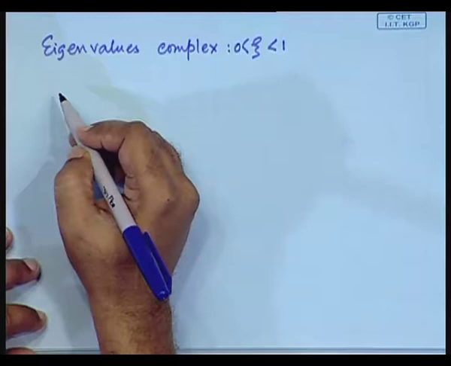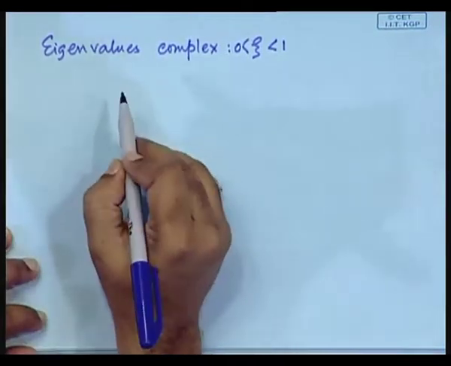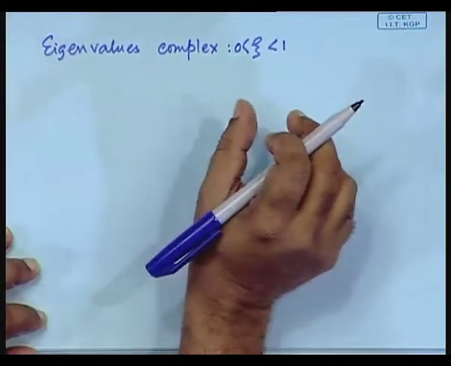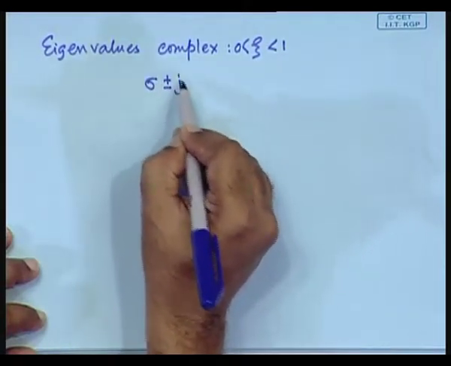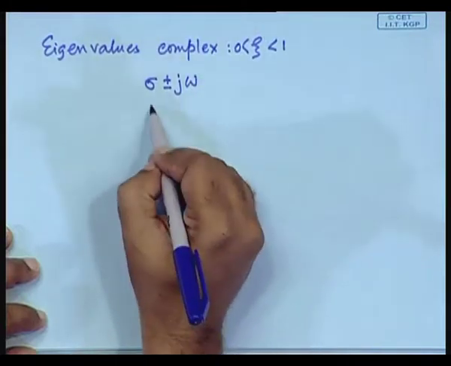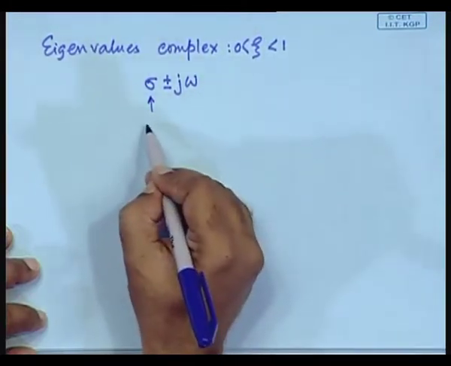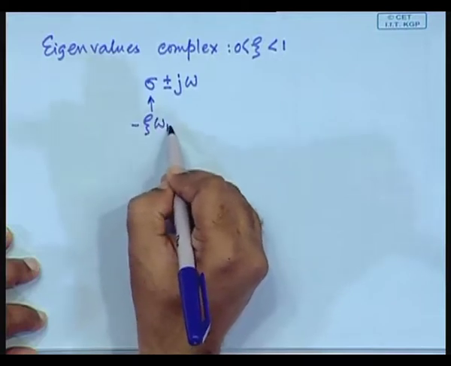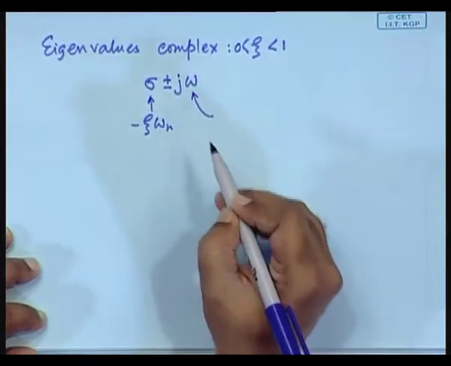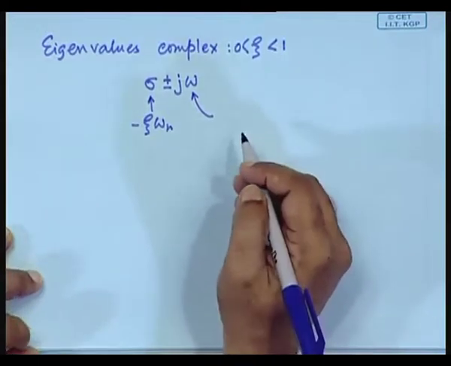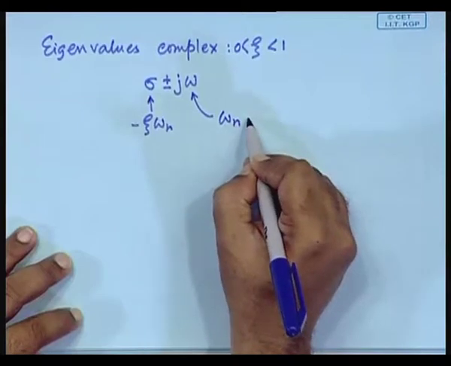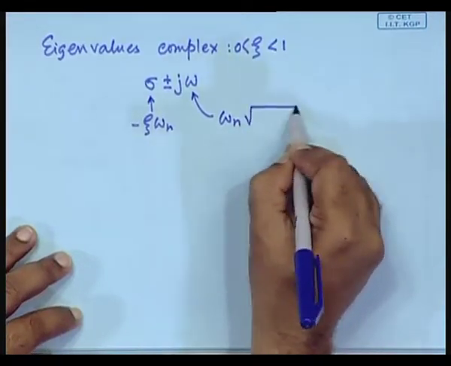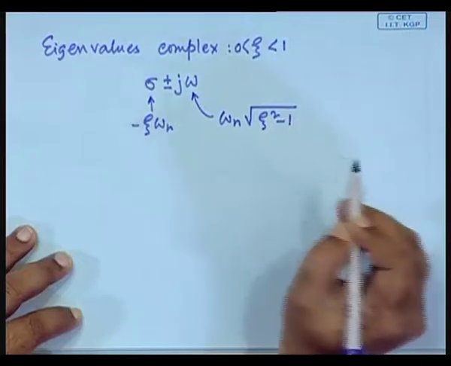You have already learned. So, write in that form. In that case we have to write it in sigma plus j omega. So, eigenvalues complex would be sigma plus minus j omega, where sigma is minus zeta omega n and omega is omega n root over zeta square minus 1.